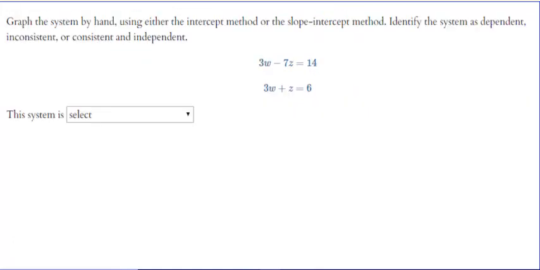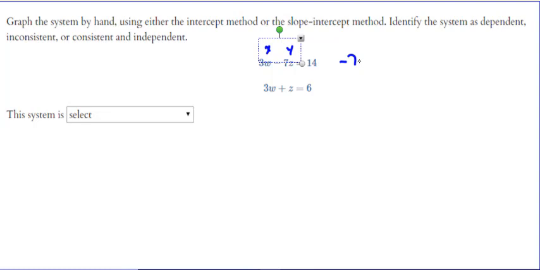Now, let's look at this one. Graph the system by hand using the intercept method, or just identify it as dependent, inconsistent, or consistent and independent. So first thing, we've got to put them in slope-intercept form. Okay, that's your x, that's your y. If you think about it, then we have -7.